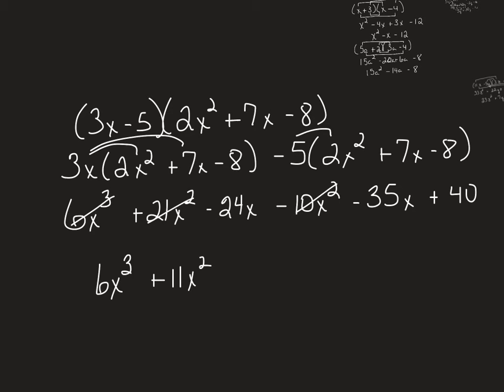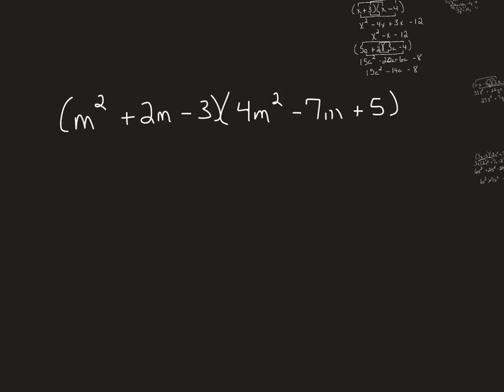If we add those two together, we get negative 59x plus 40. Now we have this in the standard form. Notice it's in descending powers of x, and I've used everything that we have there.